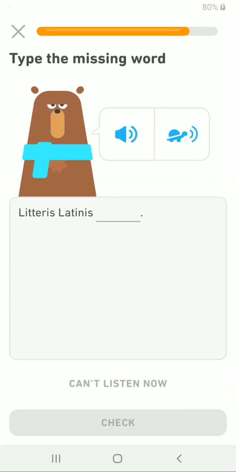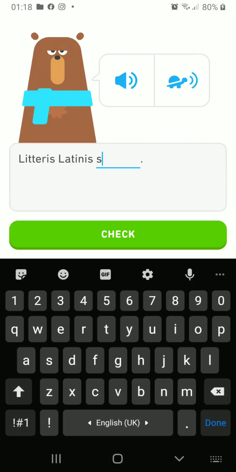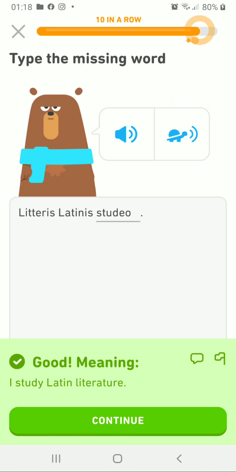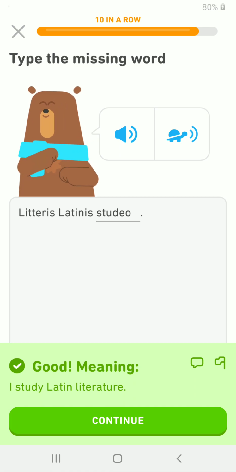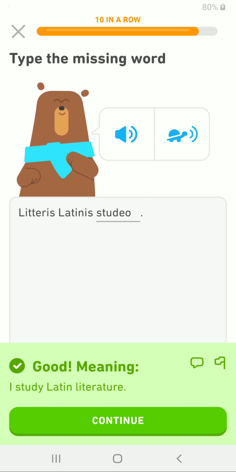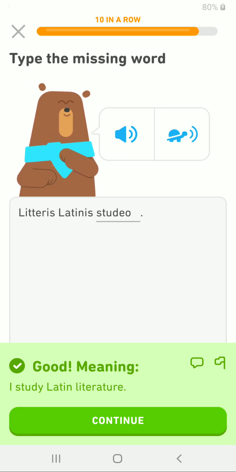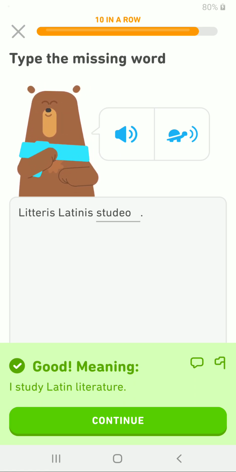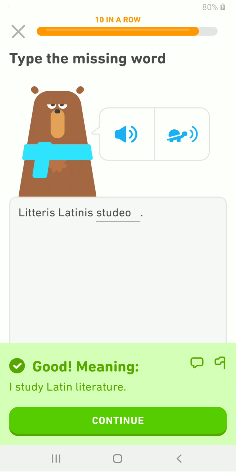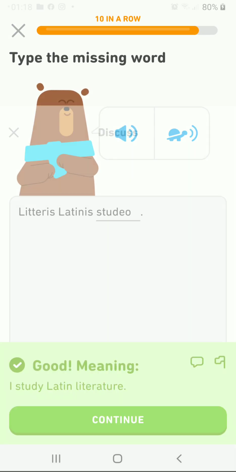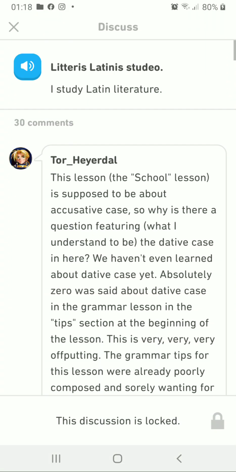Litteris Latinis studeo. So we have to check here. I study Latin literature. Litteris Latinis studeo. It sounds like it's nominative here.